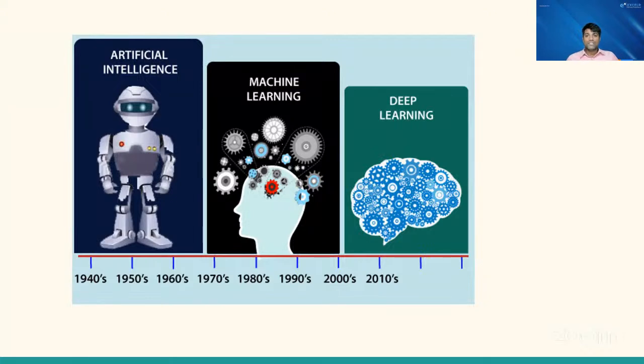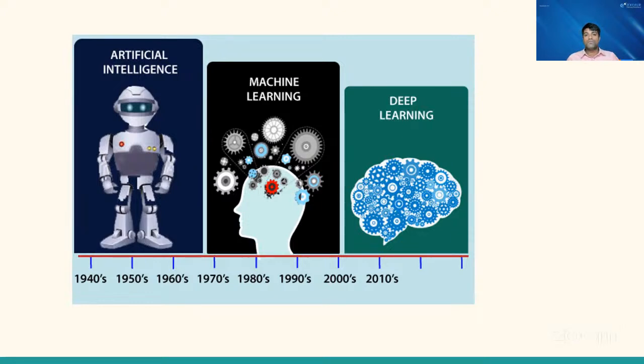AI actually started in the 1940s, late after the Second World War. So the foundation for AI started at that time. Let us not go much into the history, but the foundations for AI were laid, asking why machines can't do what human beings can do. That is where the foundation of machine learning was laid.